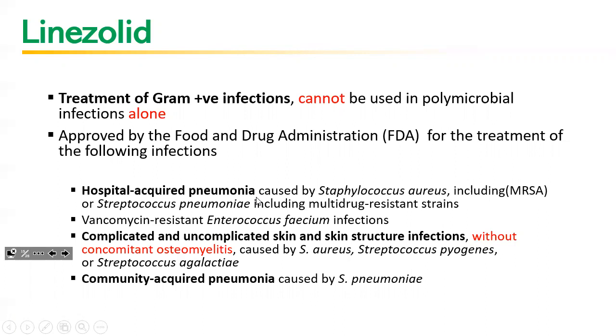We have a hospitalized patient, and I want to use linezolid according to the FDA recommendation, combined with an agent that covers the gram-negative. Can anyone name a specific agent? Aztreonam with linezolid is one of the combinations.